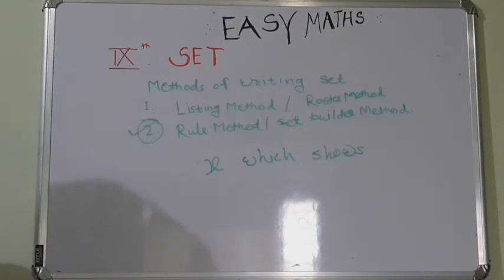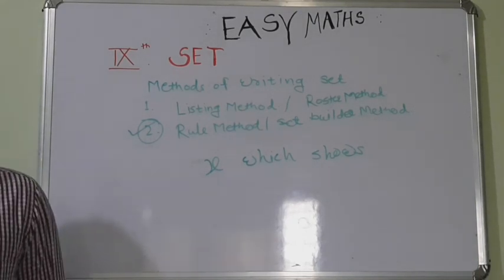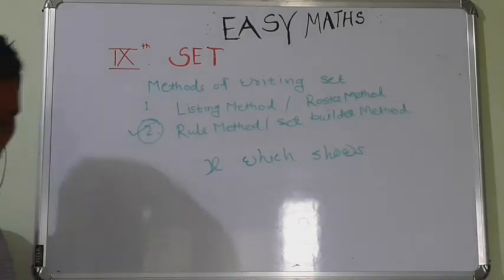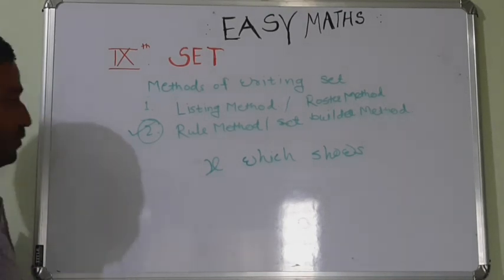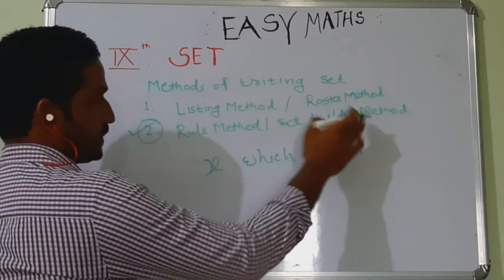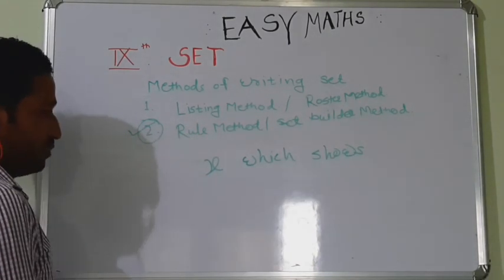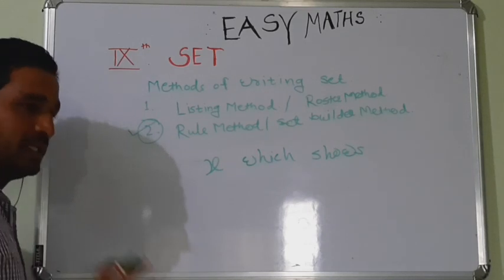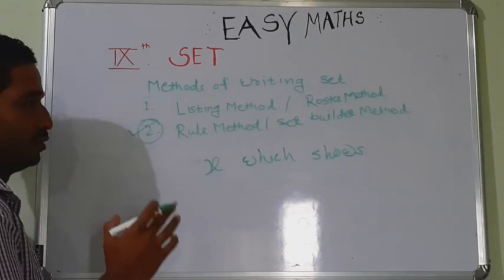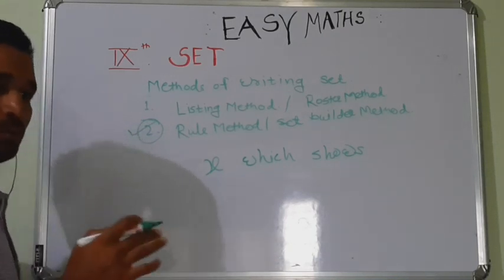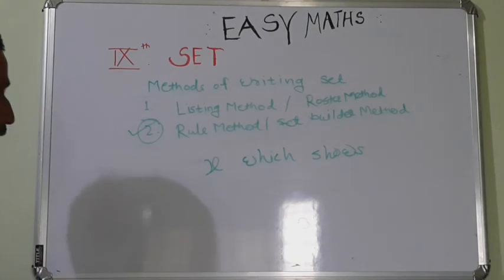We can use one variable like x, y, p or q, which shows all the properties of the whole set uniquely.